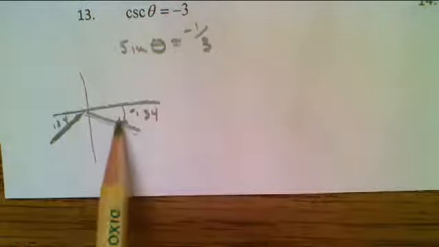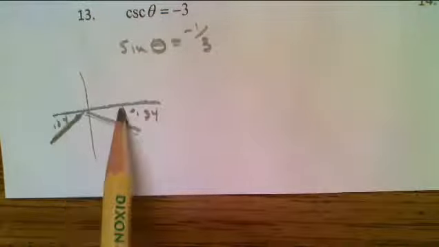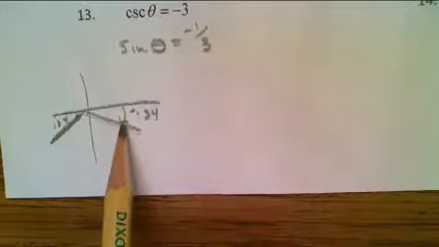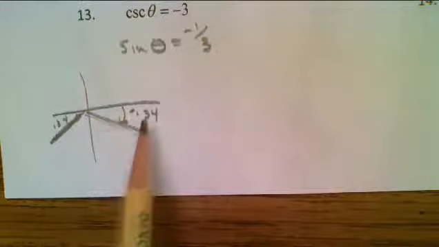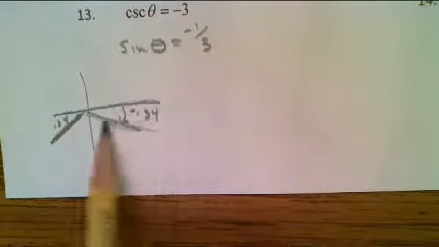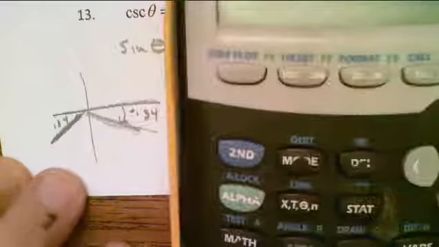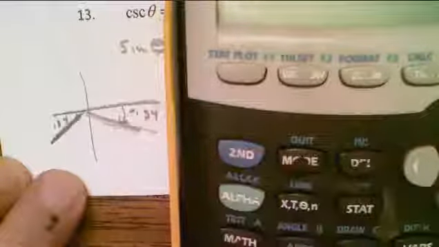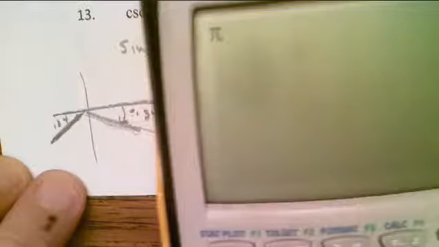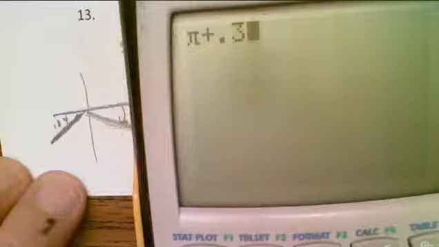So what I need to do is I need to first of all take pi plus that reference angle, and then I need to take 2 pi minus that reference angle to get my 2. Remember, I can't use the one the calculator gives me. That basically is giving me my reference angle. Now I have to find the 2. So I have to take pi plus 0.34.